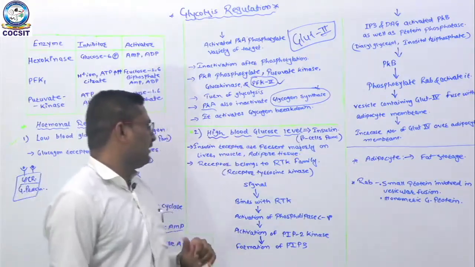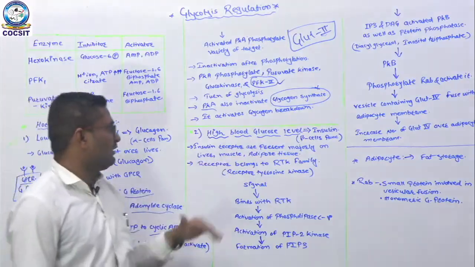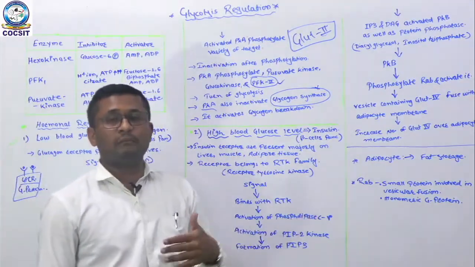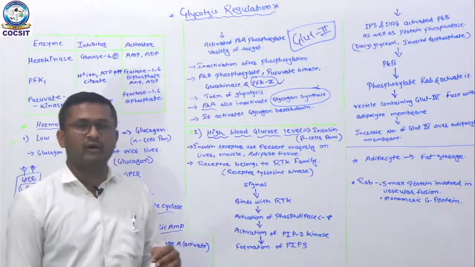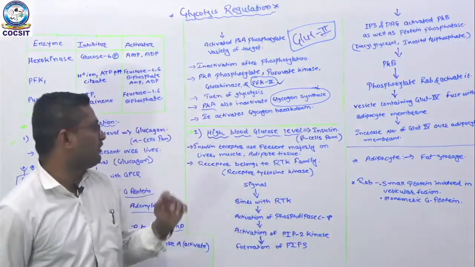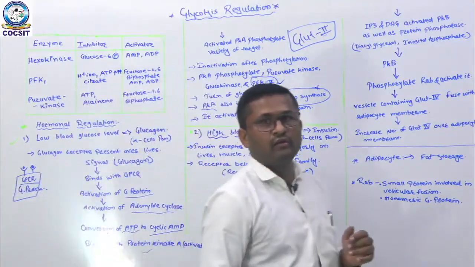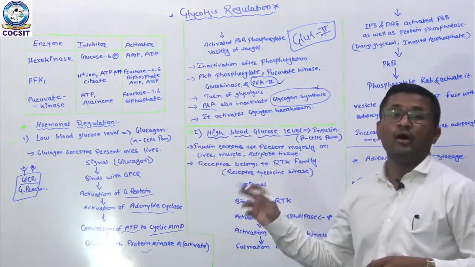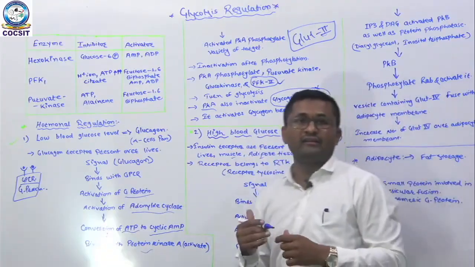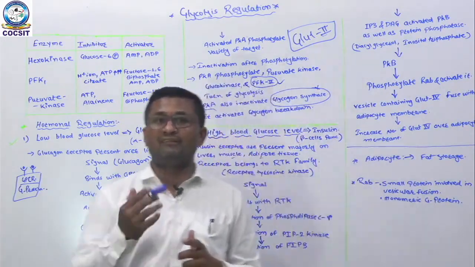So see, first of all, the receptors for insulin are majorly present on liver cells, then adipose tissues, then muscle cells. On these, the receptors for insulin are present majorly.